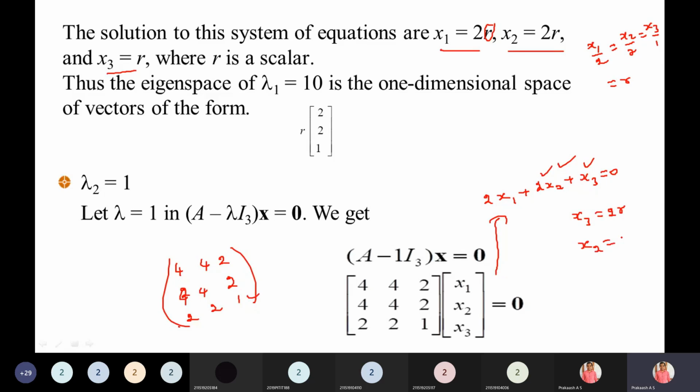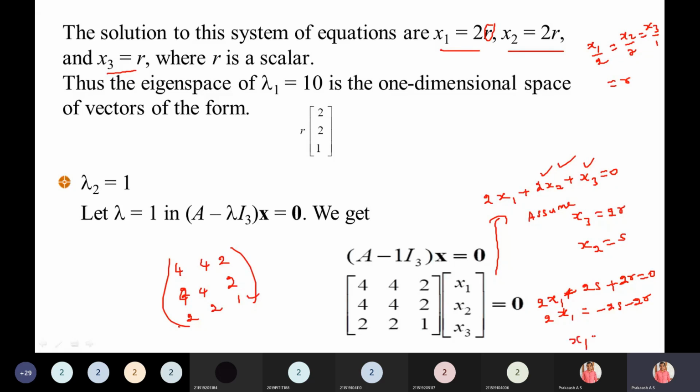x2 equal to s, simply yes. So now I will get x1 from the equation: 2x1 plus 2 into s, x2 is s, we have assumed, and x3 is 2r, equal to 0. 2x1 equal to minus 2s minus 2r.